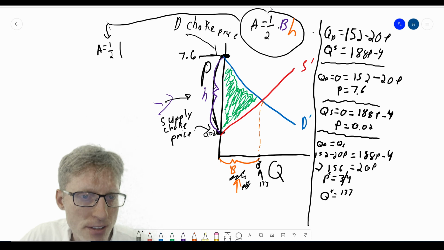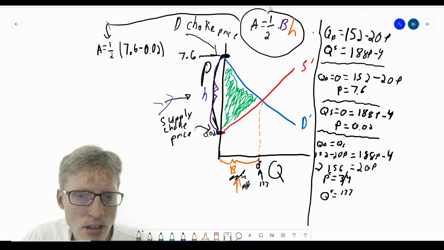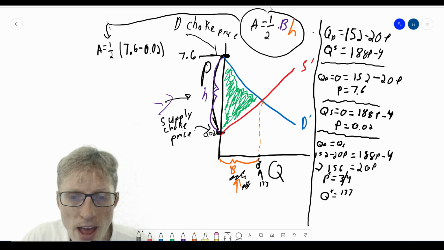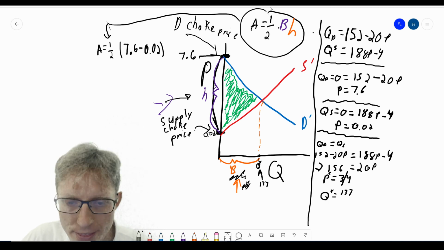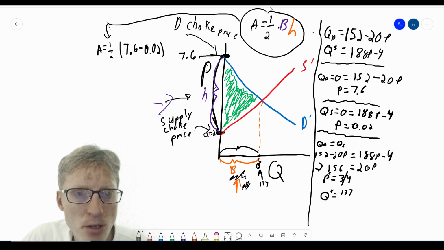Okay, so that distance is equal to the demand choke price of 7.6 minus the supply choke price of 0.02. And then we're going to multiply that by the width of this triangle, which is simply equal to 137.